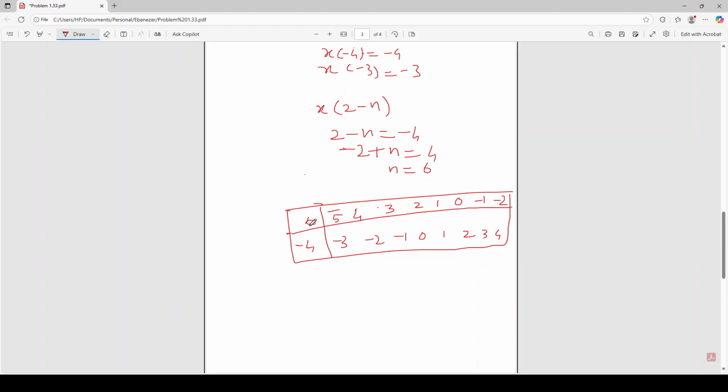So for 6, you know x[-4] is -4. So this is -4, -3, same as this, 0, 1, 2, 3, 4. So you need only 0, -1, -2. For -2, it is plus 4.